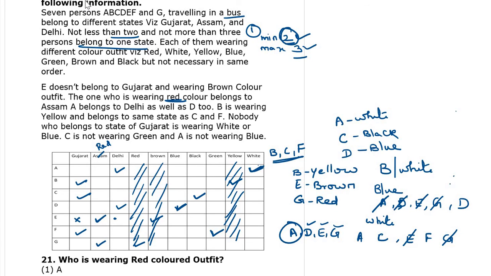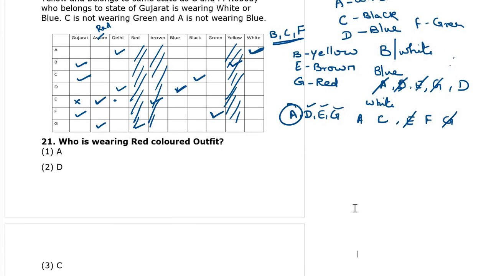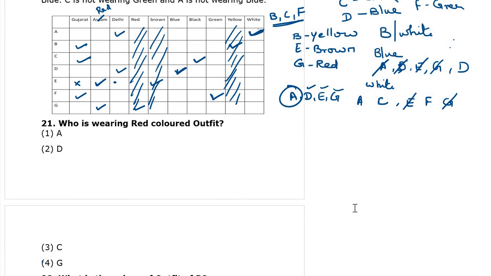E, F is green. Now we can answer the question. Who is wearing red color outfit? Who is wearing red color? G. G is wearing red color outfit.